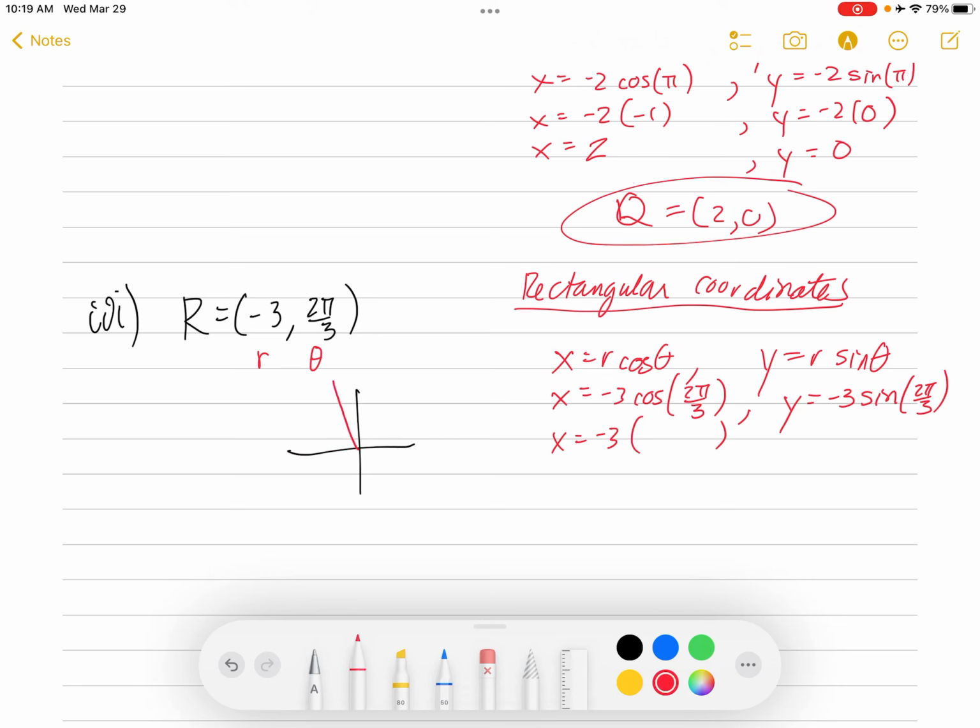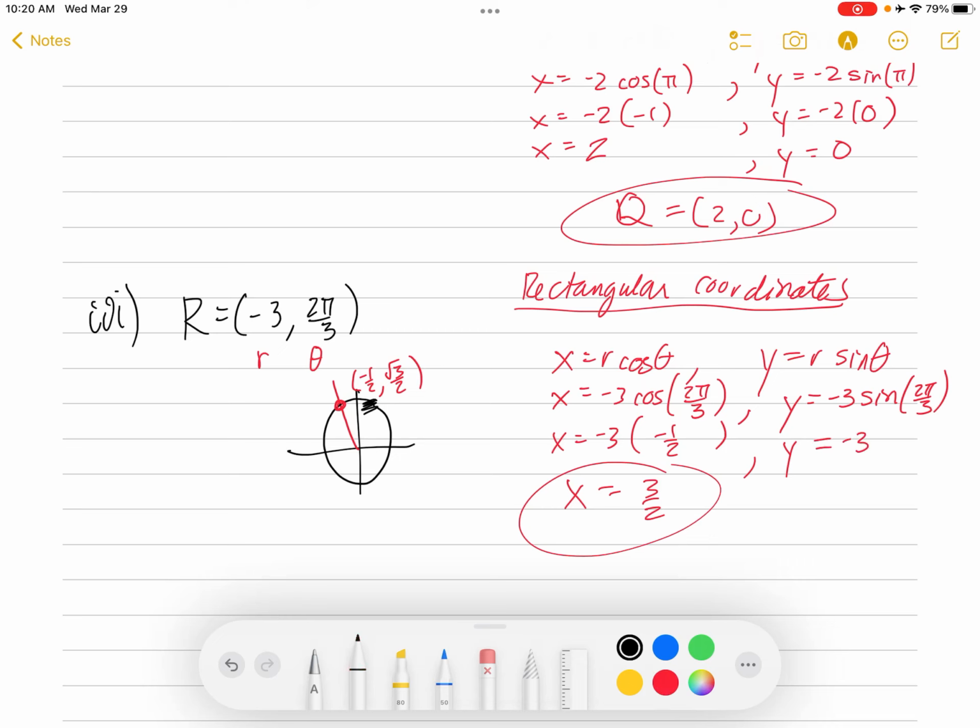Well, 2 pi over 3, that angle is right about here. So in the unit circle, that's our angle 2 pi over 3. You have a terminal point of -1/2, √3 over 2. So the cosine is the x coordinate of -1/2. So you've got -3 times -1/2 is +3/2.